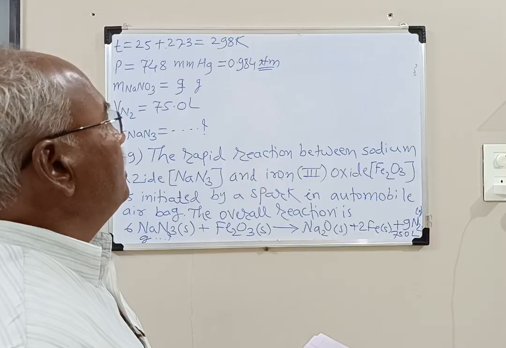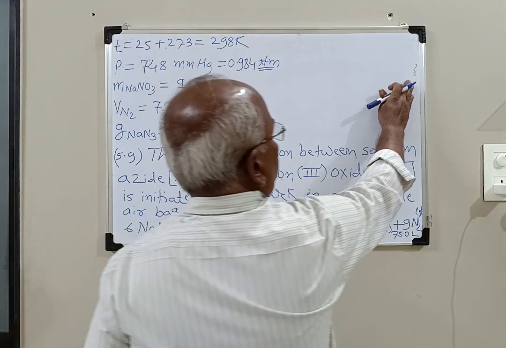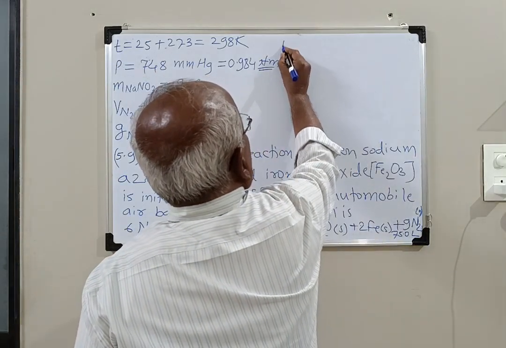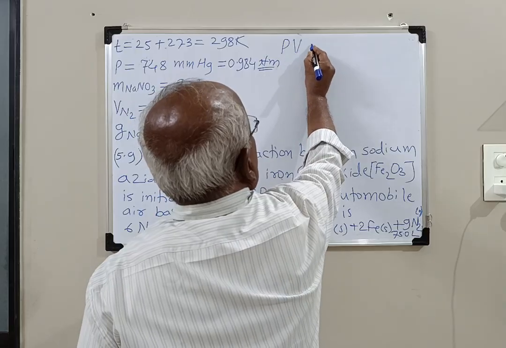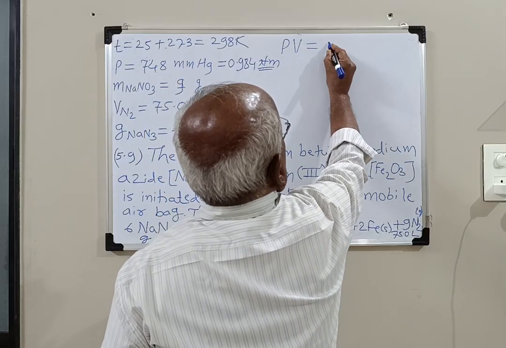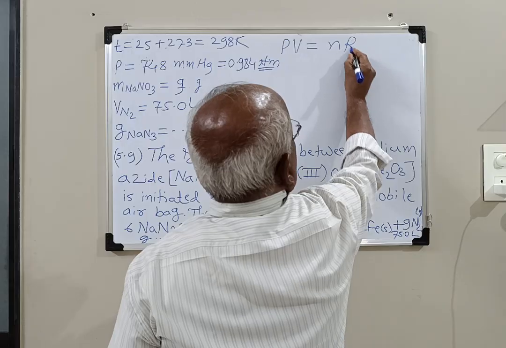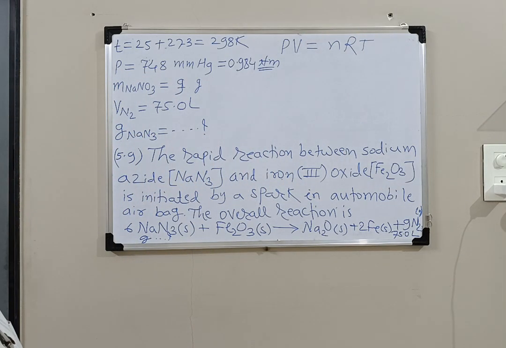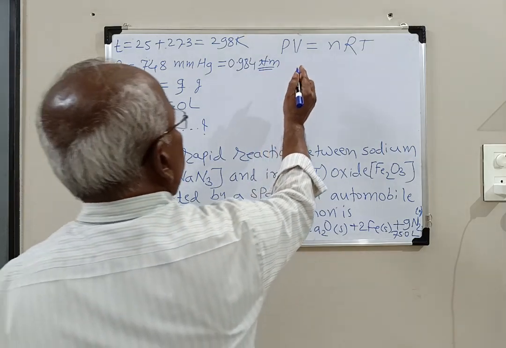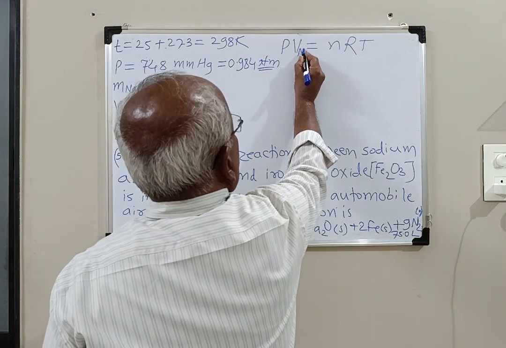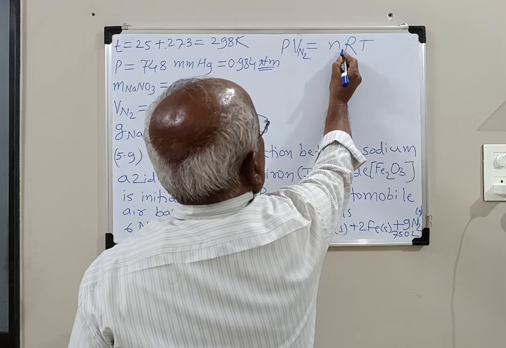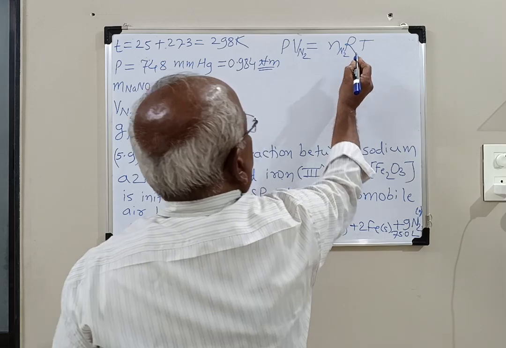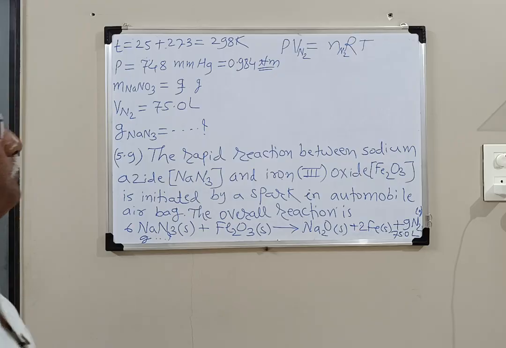Now write the relation PV is equal to nRT, ideal gas equation. Volume of nitrogen into pressure is equal to moles of nitrogen.